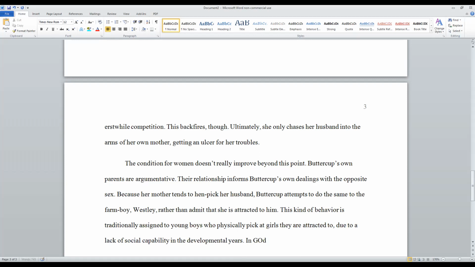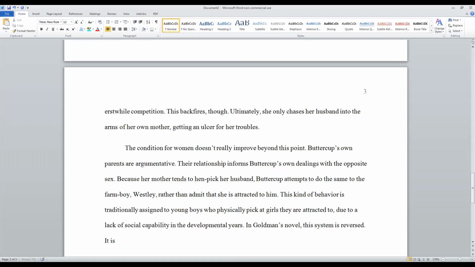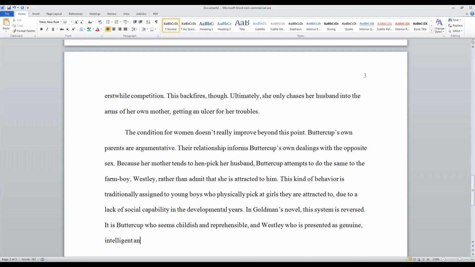In Goldman's novel, this system is reversed. It is Buttercup who seems childlike or childish and reprehensible, and Wesley, who is presented as genuine, intelligent, and considered.